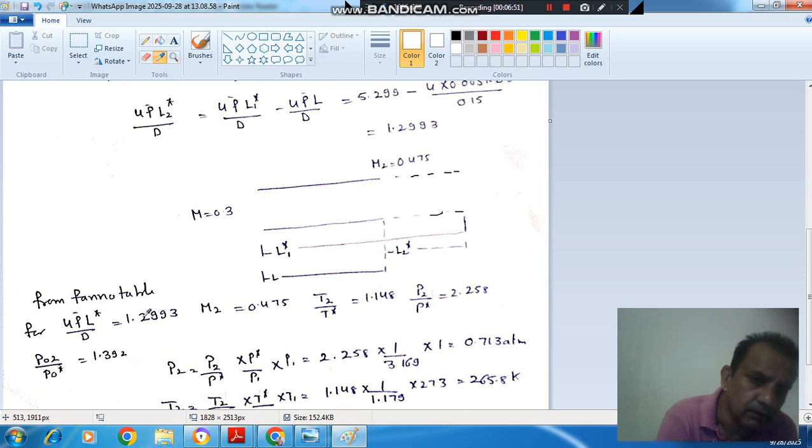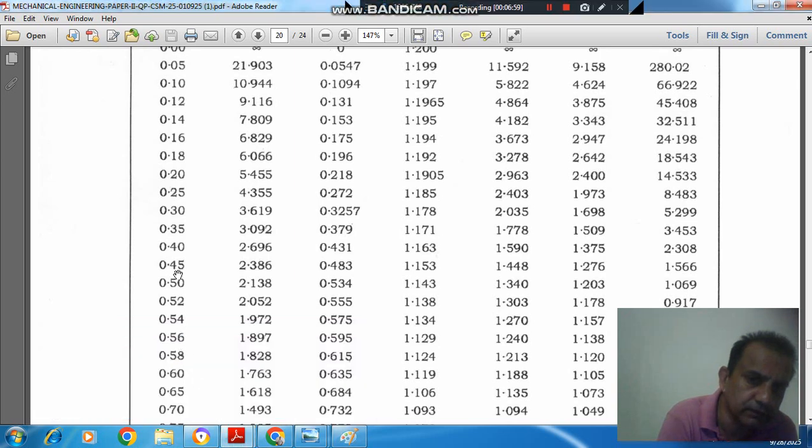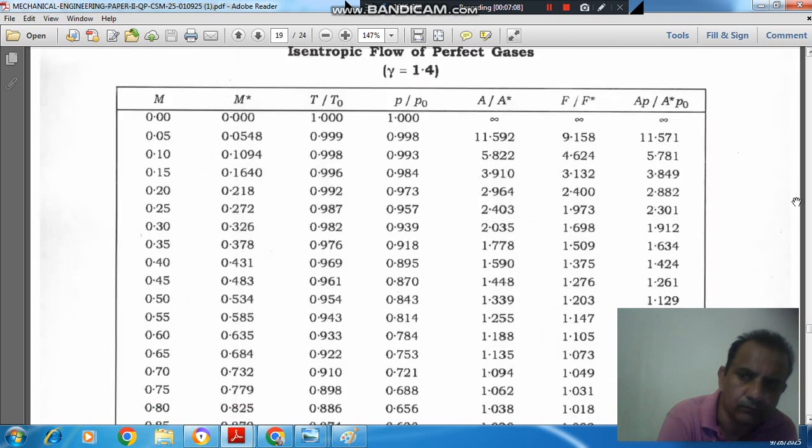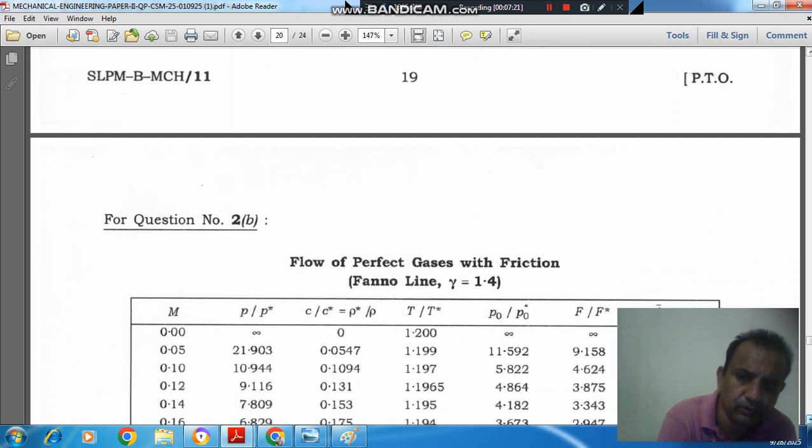And we can note down other properties also by interpolation: P by P star, T by T star, P naught by P naught star, and other required properties.